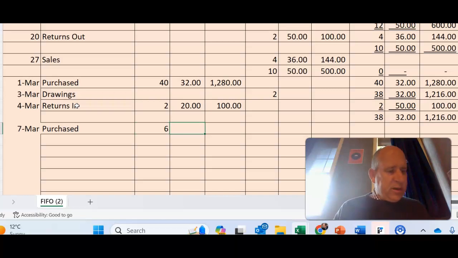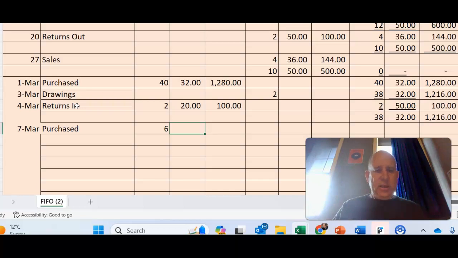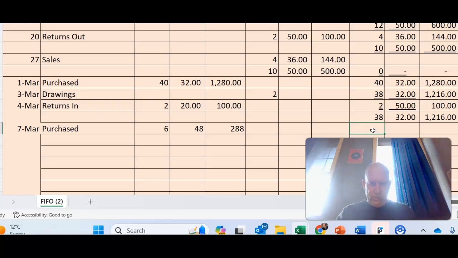Just be careful of the price here, because it says 55.20. We've got to have excluding GST. So we're going to go 55.20 divided by 1.15. That'll give us the price excluding GST, which is the price we need. So now we've got 2 at 50.